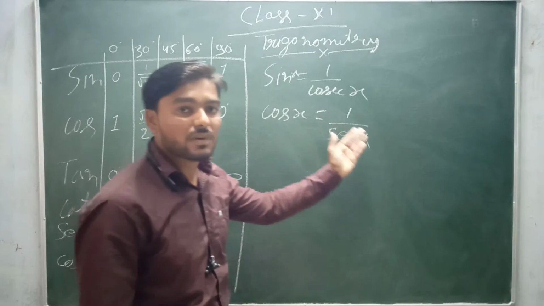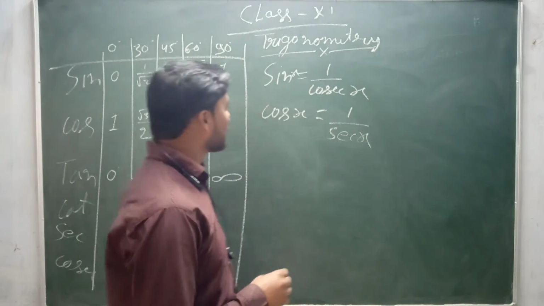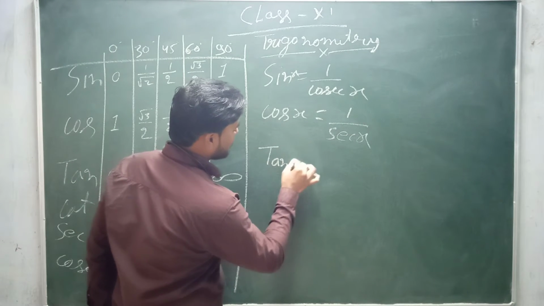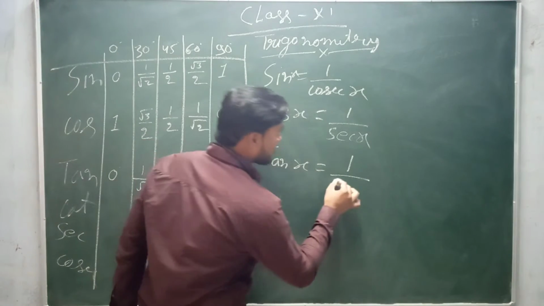Cos x is equal to 1 upon sec x. Cos and sec are also reciprocals of each other. Now tan x is 1 upon cot x.